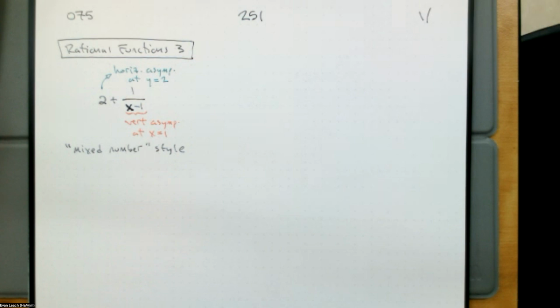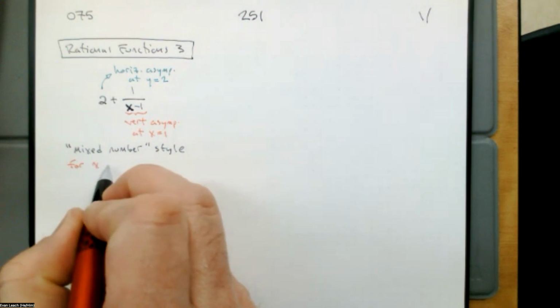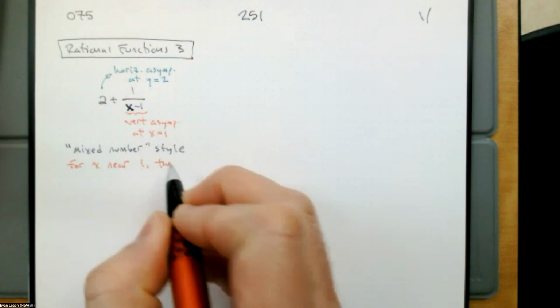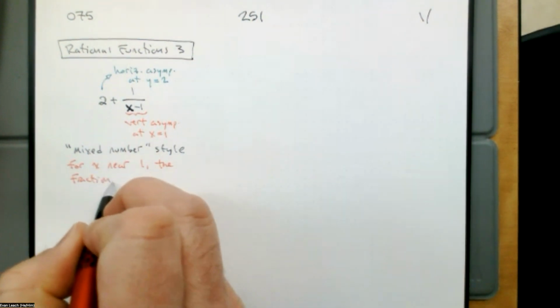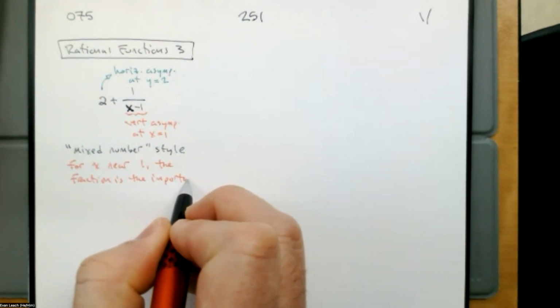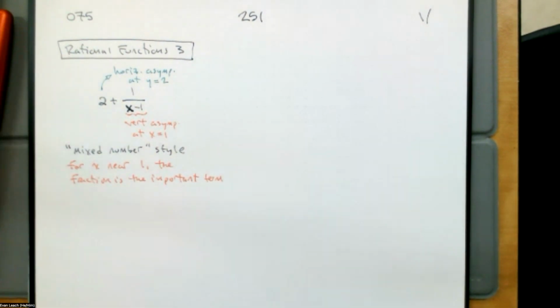For x near 1, the fraction is the big term.